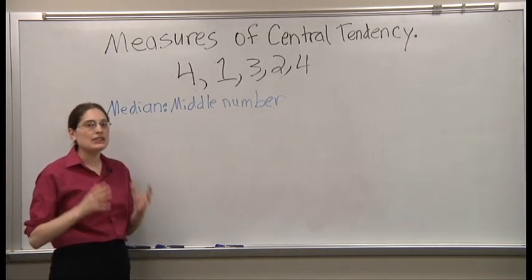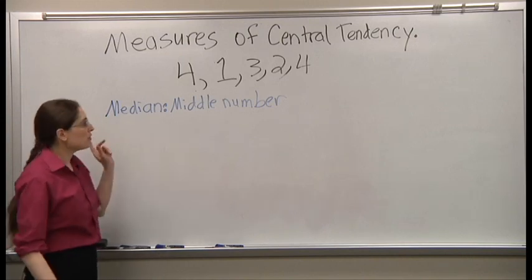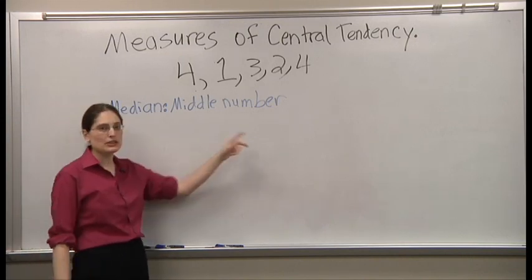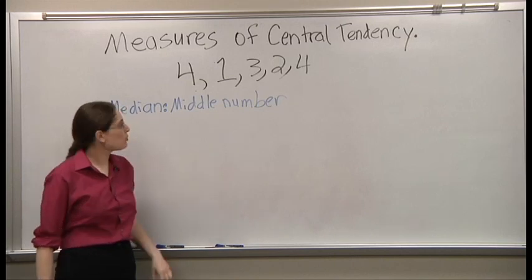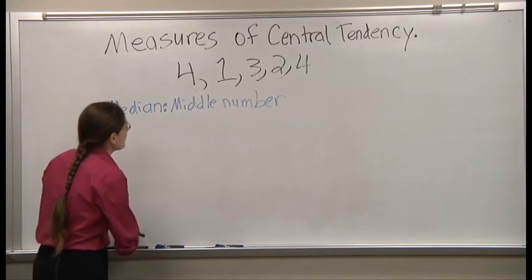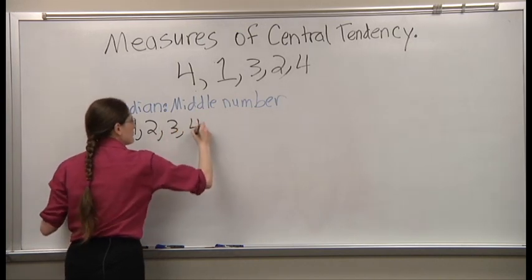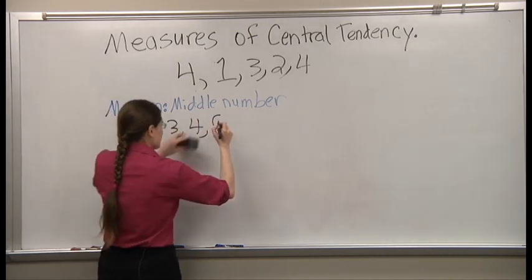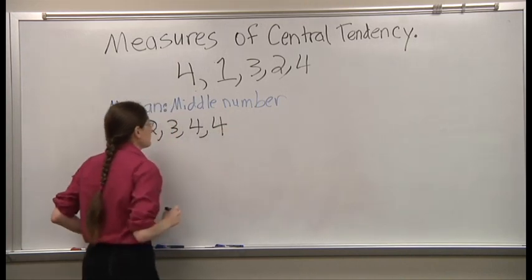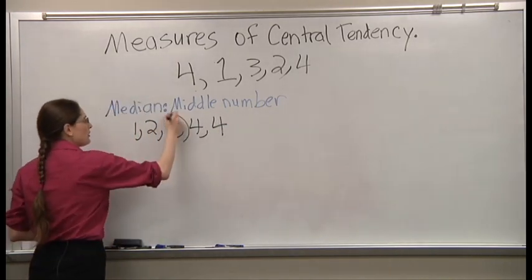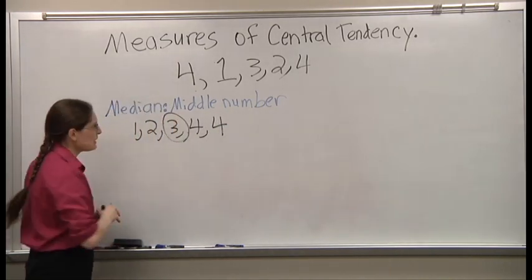Once again, it's not that hard to find. You line them up from smallest to biggest and circle the one in the middle. So, three is in the middle. Therefore, median equals 3.